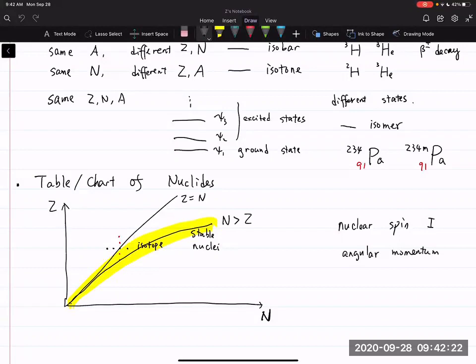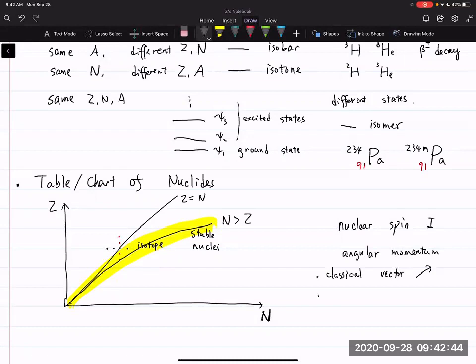And even worse, angular momentum in classical physics is a vector. Right? So in classical physics, it's a vector. That means we can know the three components, x, y, and z, at the same time.